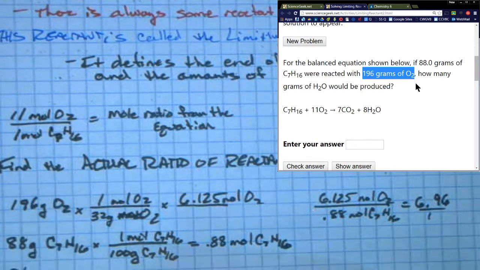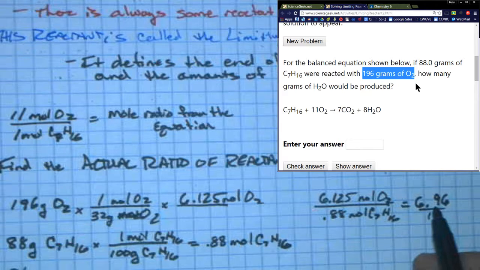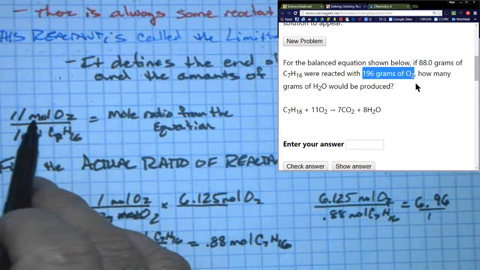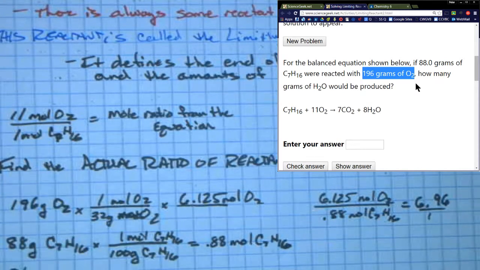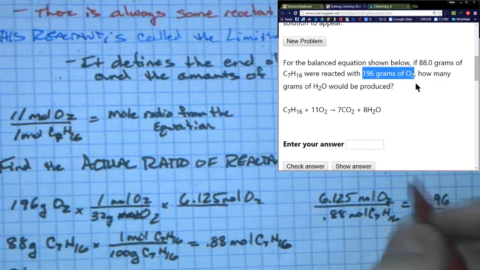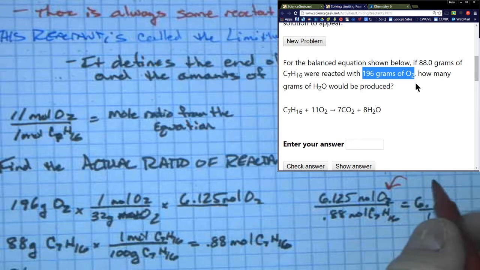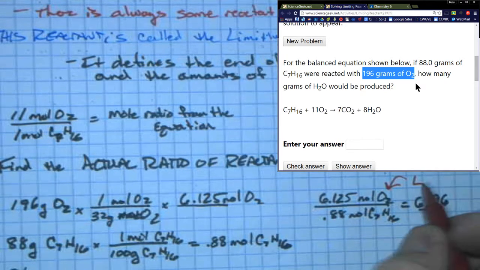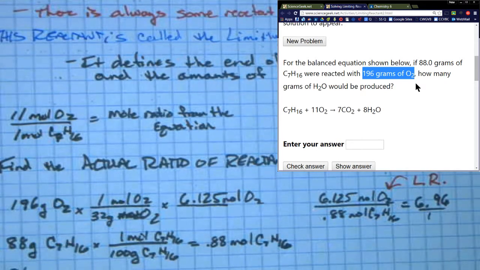So, because this one is less and this is the actual ratio, we don't have enough for what we need. That means that oxygen is our limiting reactant.